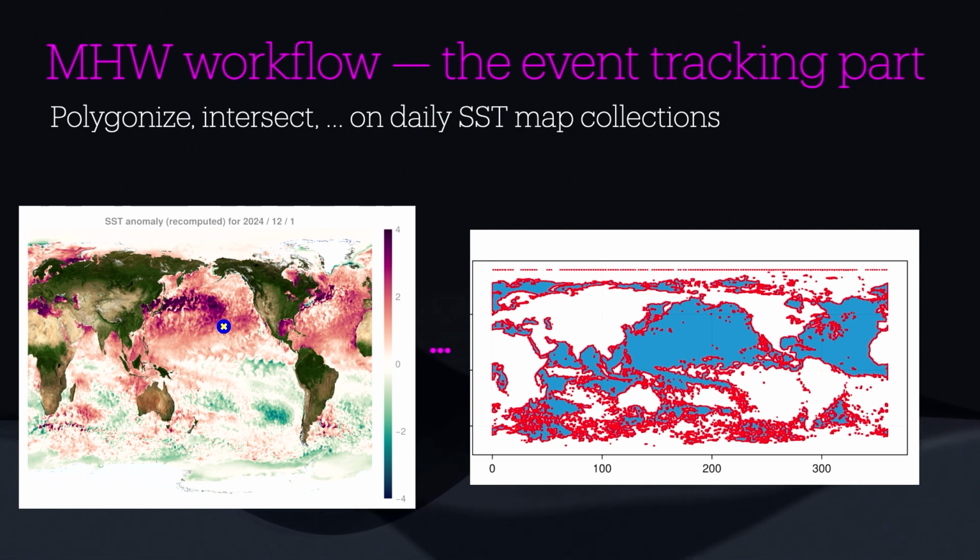Once you have that, then you can start studying it. So that's the state of affairs. I wanted to show this because I'm going to need help on that as well. But it's already been great to leverage the Julia ecosystem for this. I think we are going to do very nice things in this field. It's a nice use case to work on. If you're interested in contributing, please reach out.